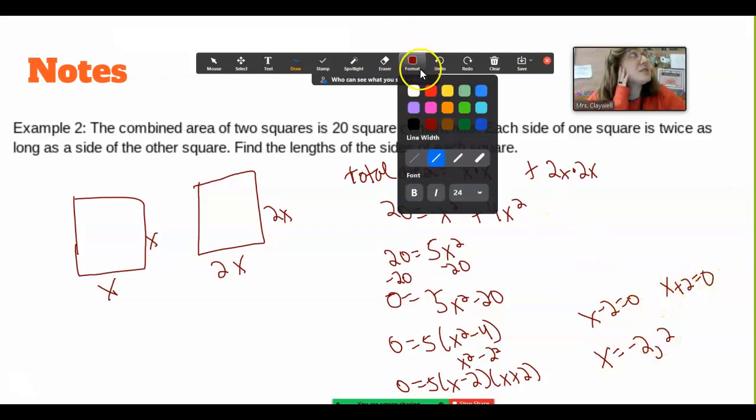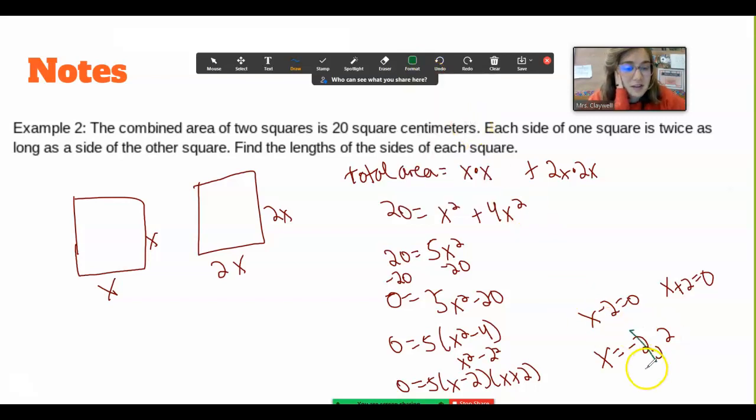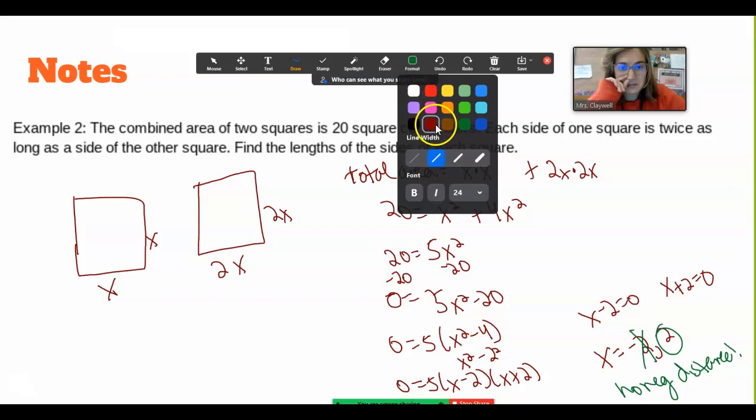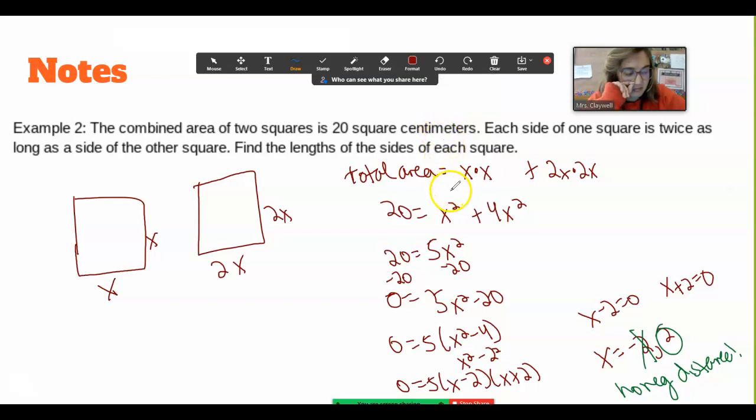However, we cannot use the negative 2 because we can't have a negative distance. So this has a side of 2, and this has a side of 4. So my answers are 2 and 4 for my side length. Okay, let me know if you have any questions.